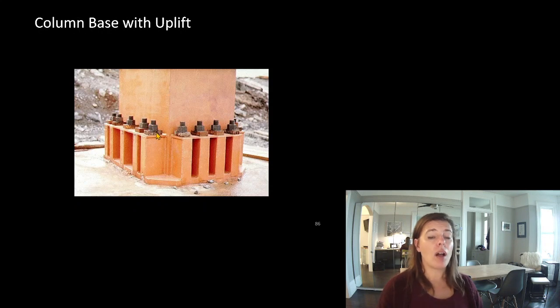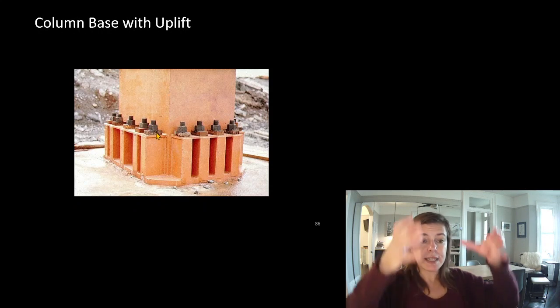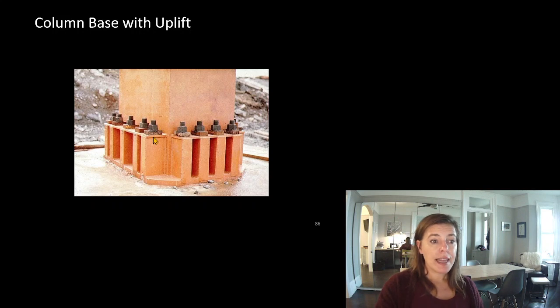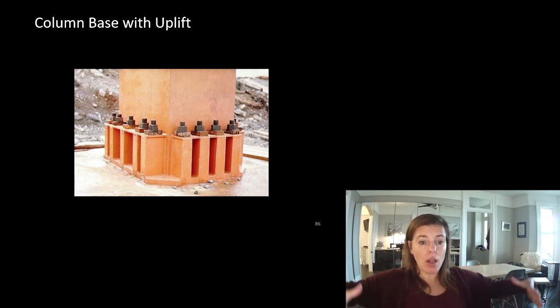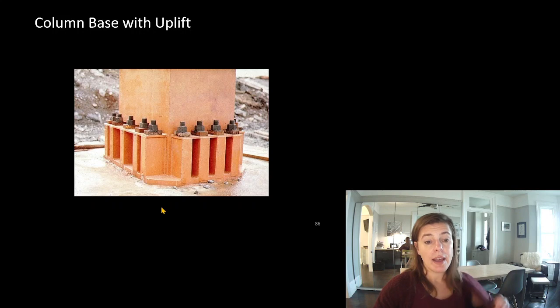So this column, for whatever reason, wants to lift up out of the ground. These anchors go down deep into the concrete so that if that column tries to lift up, it has to bring all of the concrete with it. And that is actually a surprisingly difficult detail to create. There are lots of ways to do it. Everybody hates doing it. They hate building it.